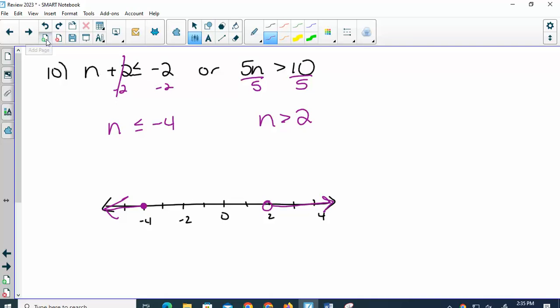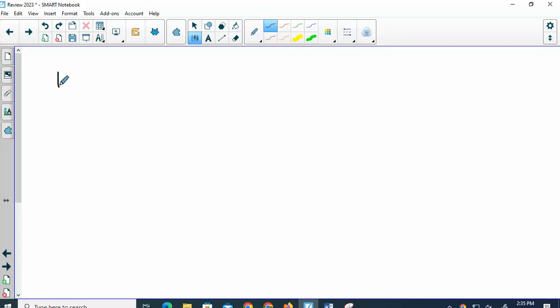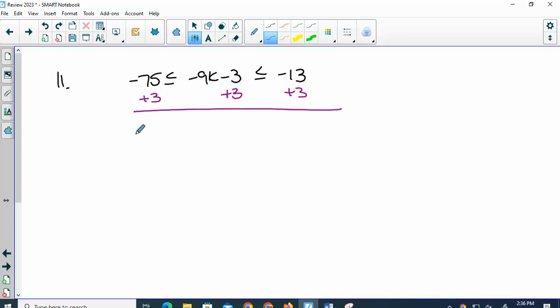Final problem of the day. We have a compound inequality. We solve this all together, but it really has 3 pieces. So whatever you do to one, you do to all 3. So if I want k by itself, we would... -72 less than or equal to -9k less than or equal to -10.